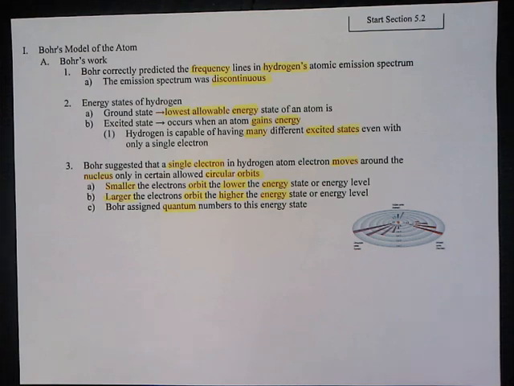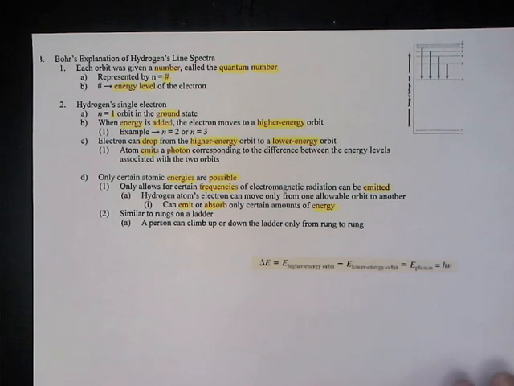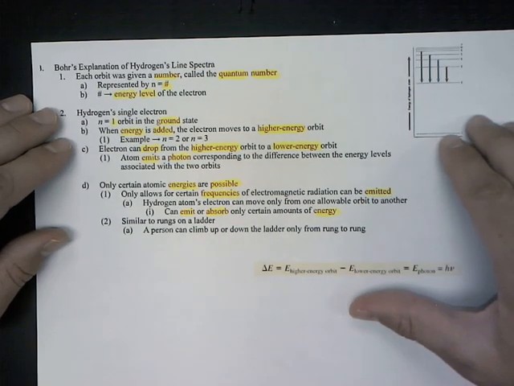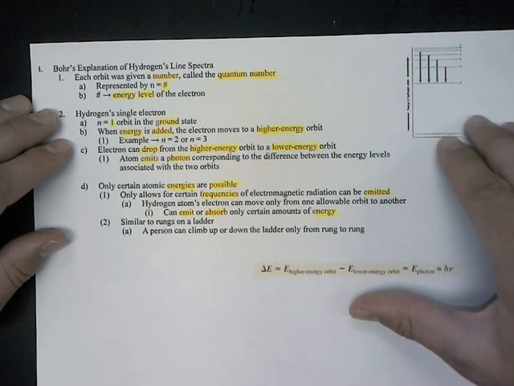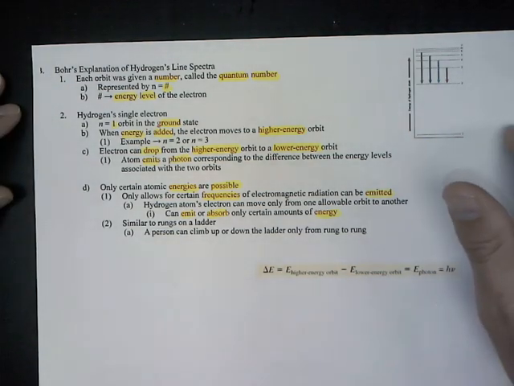Overall, he took each orbit, or each ring of the atom, and gave it a quantum number. He said this quantum number is equal to the energy level. There are rings, or regions, that he classified as energy levels, and he could place electrons in there. So when he referred to an electron being in the first or second energy level, people now had a depiction of where that was.